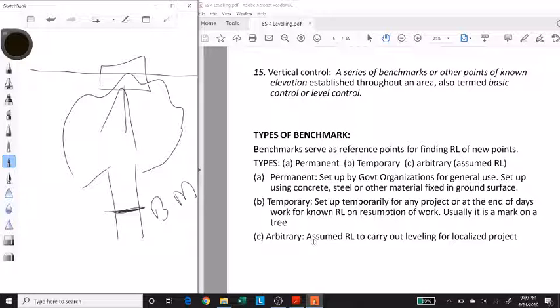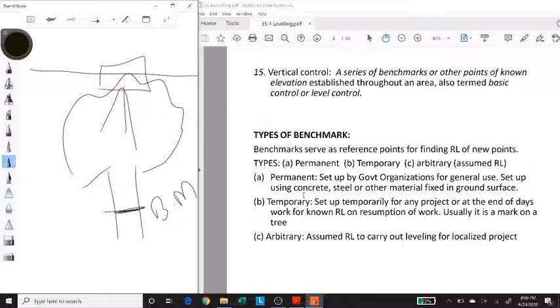Then we have arbitrary benchmark, which is an assumed reduced level to carry out leveling for a localized project. So the permanent and temporary benchmarks are for when you want to use the real reduced level, when the datum is the mean sea level, so the elevation difference from the datum. But usually in localized projects, so let's say you're constructing a building, you shouldn't be concerned with how much the height is from the sea level. You are just concerned that whatever work you do over there, the levels are proper with reference to some local point, right?